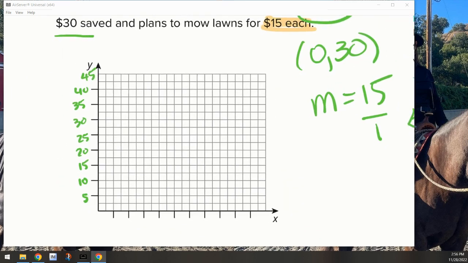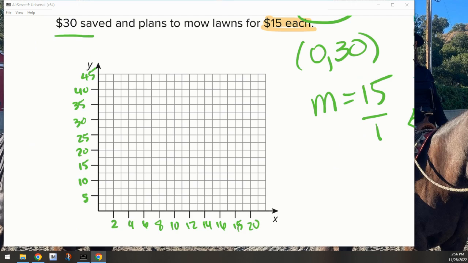Then on the bottom, 2, 4, 6, 8, 10, 12, 14, 16, 18. Goodness gracious. Okay, so I'm really not going to need all those numbers.